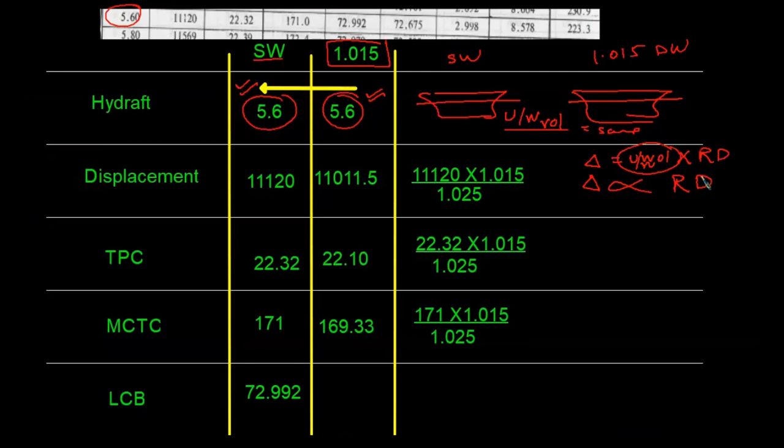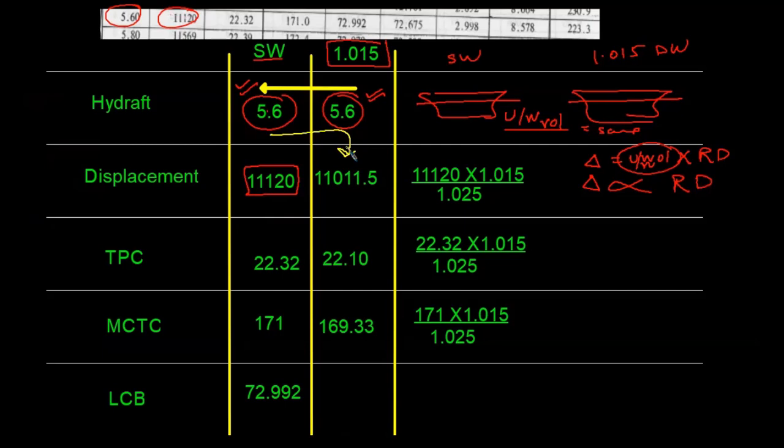Make sense? So for 5.6, you have this displacement, which is given here. Now we have to work back and find it for 1.015.